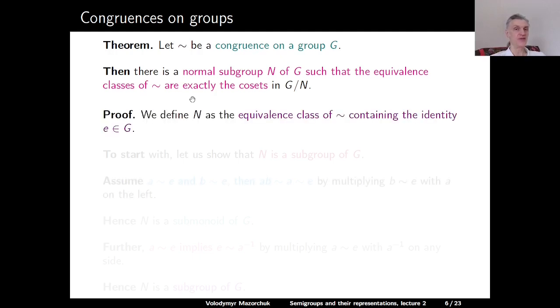Proof: we define our normal subgroup N as the equivalence class of tilde which contains the identity element E of our group G. To start with, let us show that N is a subgroup.